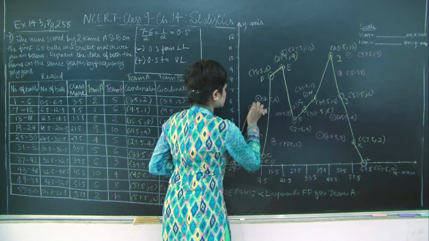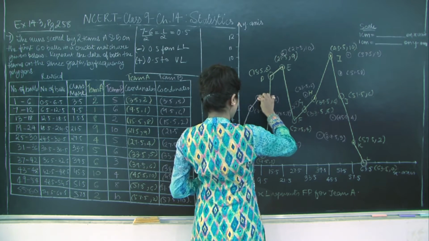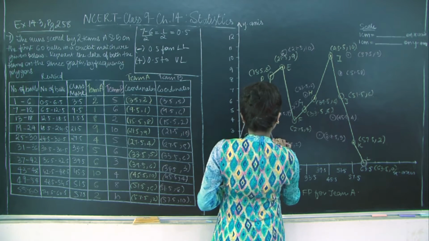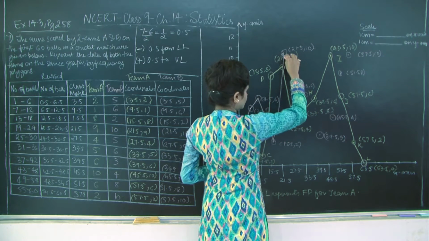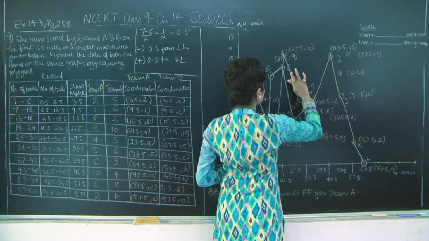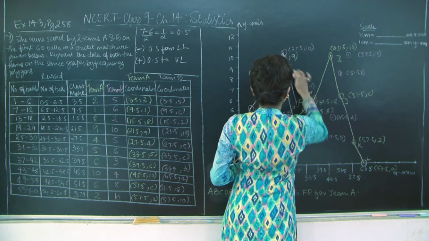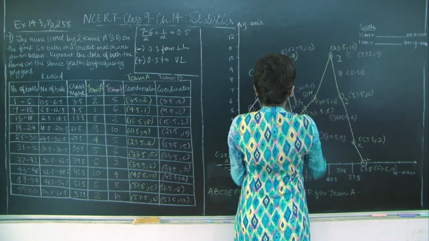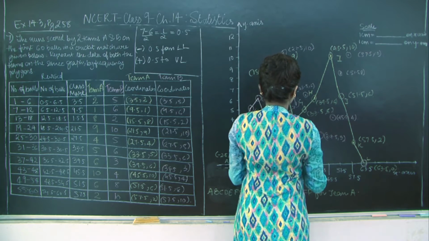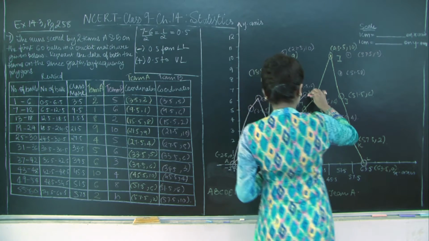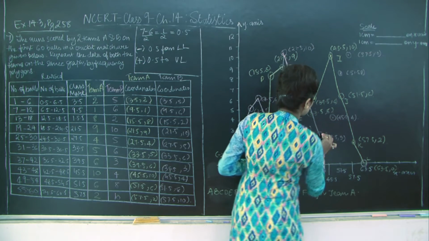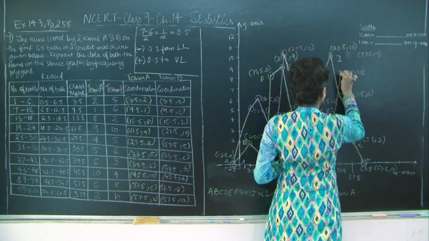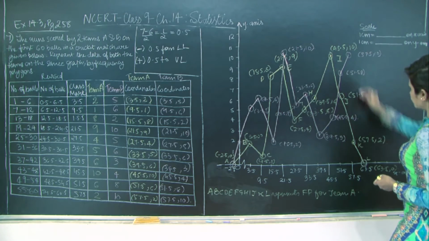So the first line, then the second line, then the third line, then the fourth line will be here, then the fifth line, then sixth, then seventh, then eighth, nine, 10, and finally down here.